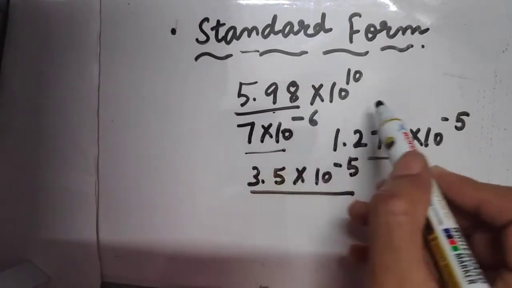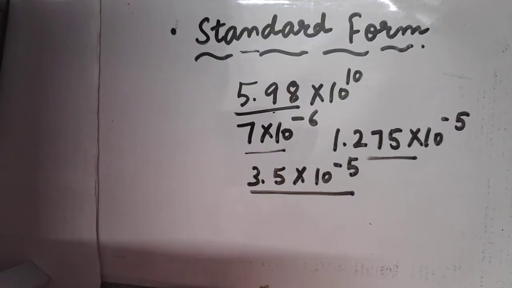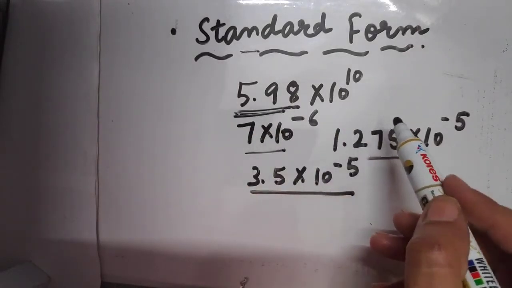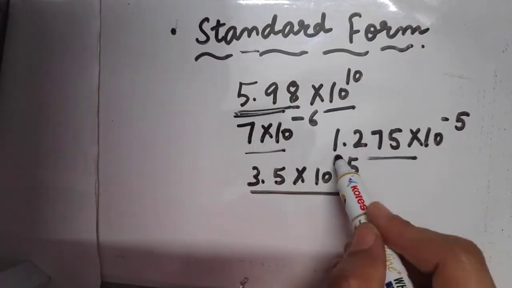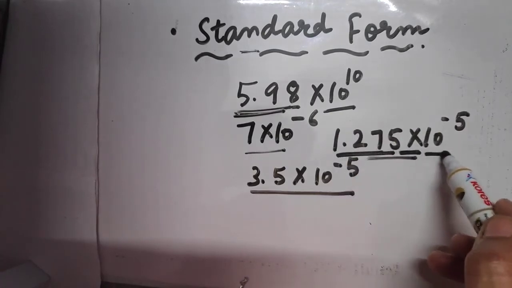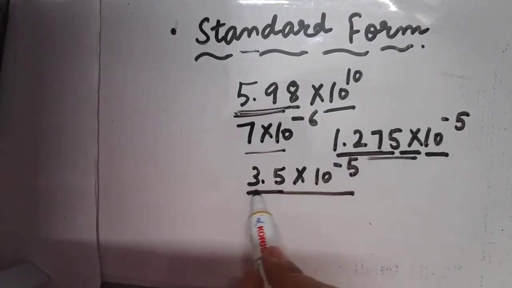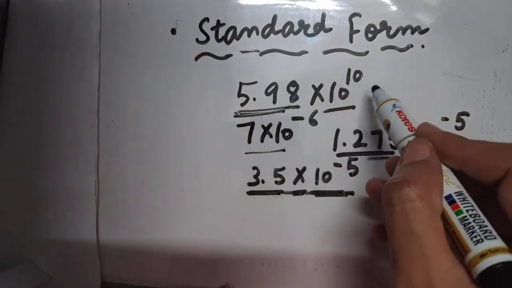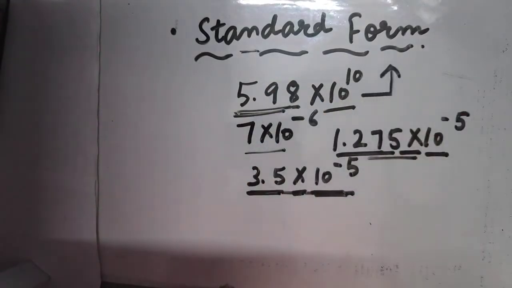What is this standard form? I am repeating it. In the standard form, a number is expressed as a decimal number multiplied by a power of 10. This type of form is known as standard form.